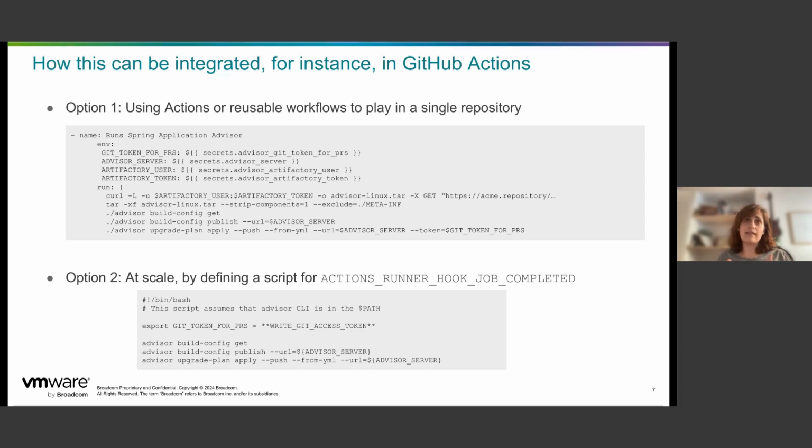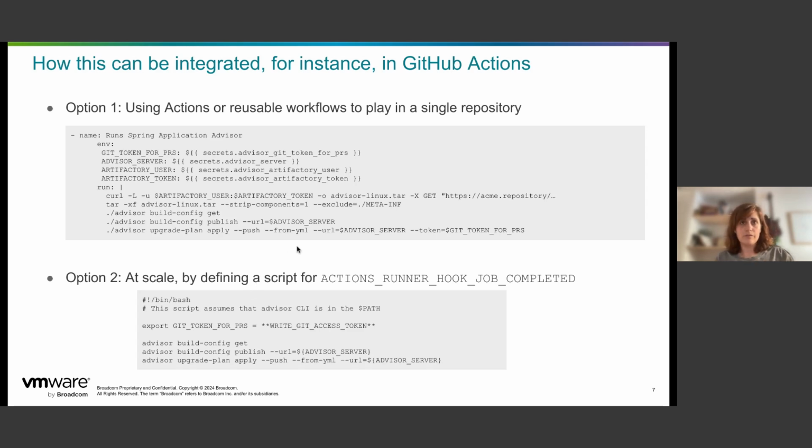For instance, in GitHub Enterprise, you can do that by overriding the actions runner hook job completed with a script that runs the Spring Application Advisor. There is an equivalent solution with GitLab Enterprise, and also for Jenkins. So it's not something exclusive to one CI/CD system.